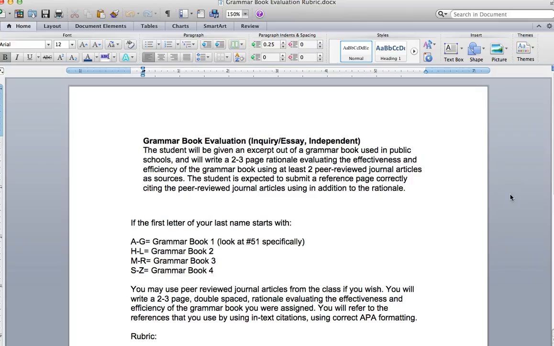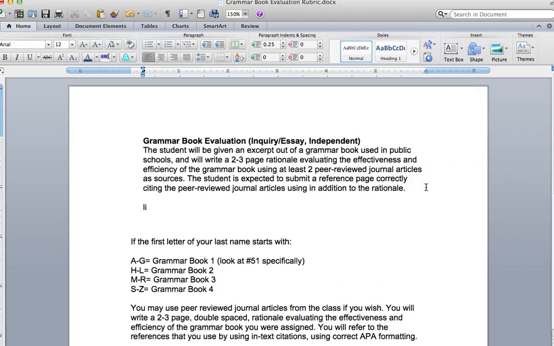We're going to cover how to find these as you get closer to the grammar book evaluation, but the good starting spots are lib.fsu.edu, spelled out. And what you'll want to do is, if you're not on campus, you'll go to off-campus access and log in with your username and password for FSU, and you'll be able to find peer-reviewed journal articles that way for this assignment.